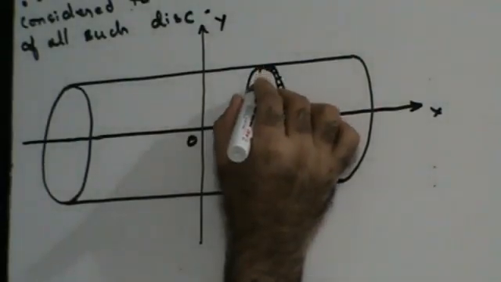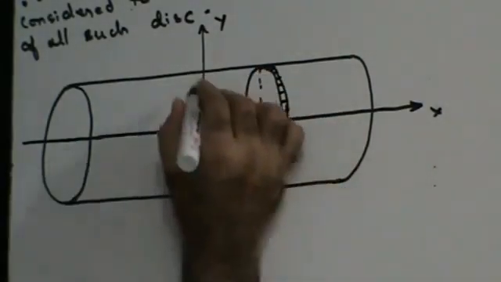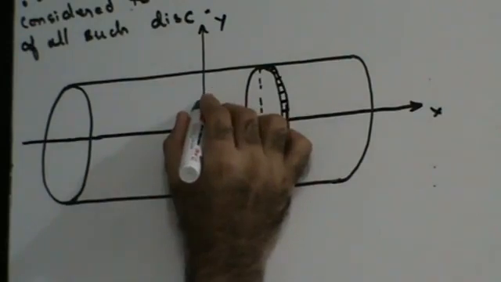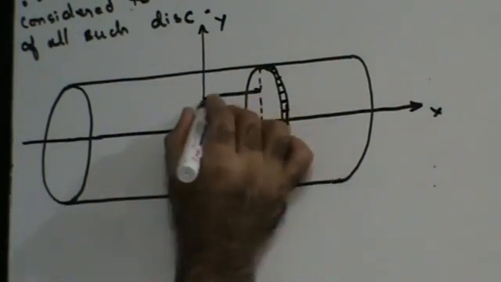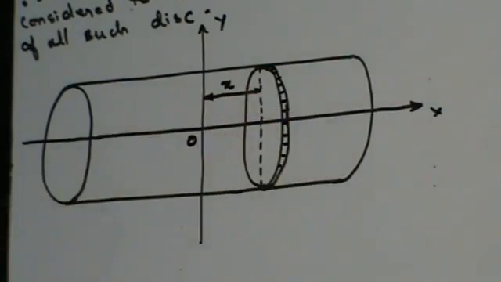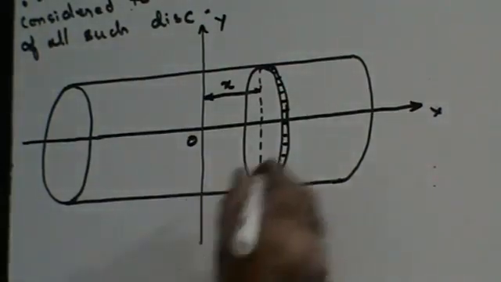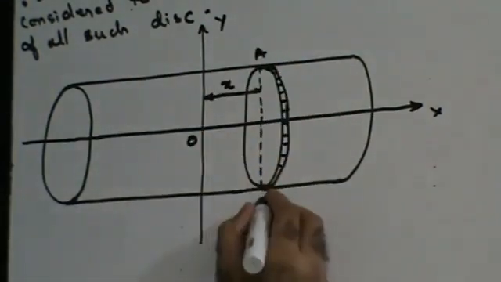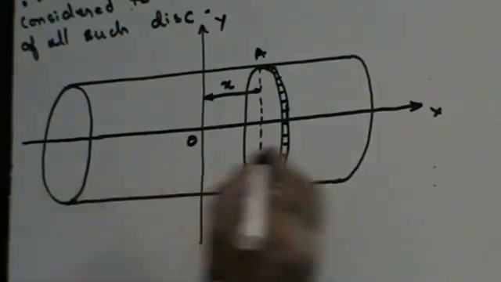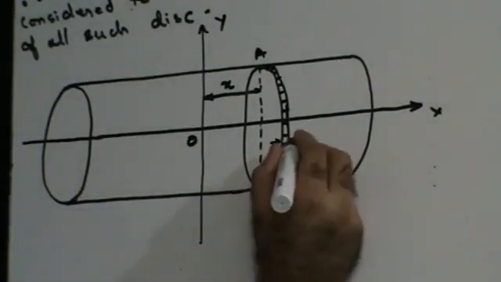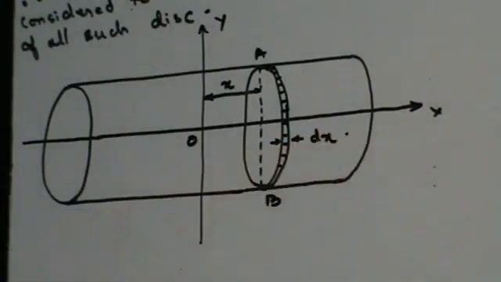Let's assume that this is the axis of that disc, such that the axis of the disc is at a distance of x from the axis of rotation. Let's assume that AB is the axis of the disc, and the width of this disc is dx.